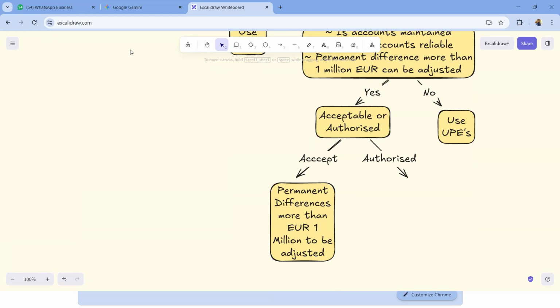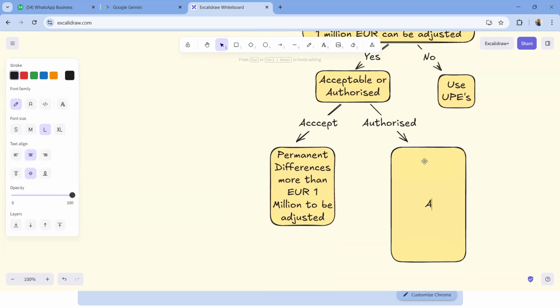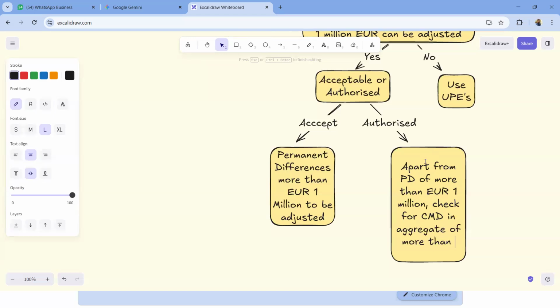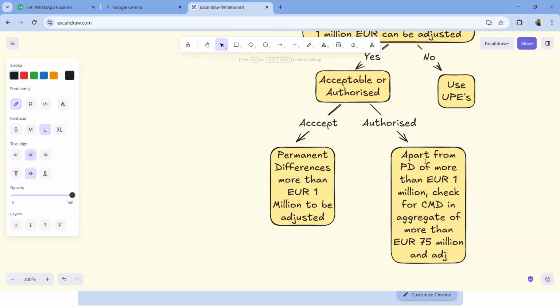If it is authorized, then apart from permanent differences of more than EUR 1 million, check for competitive material distortions in aggregate of more than 75 million and adjust. Yes.